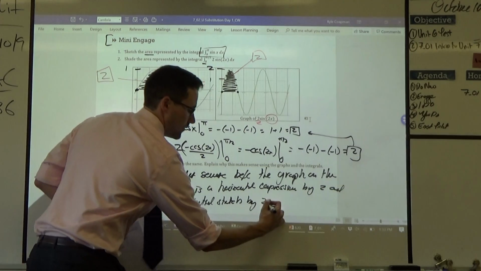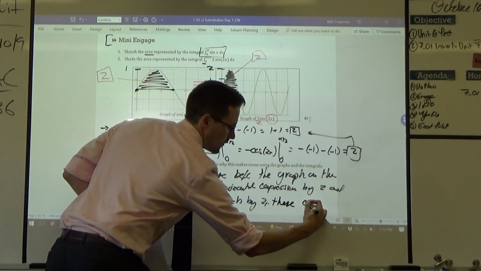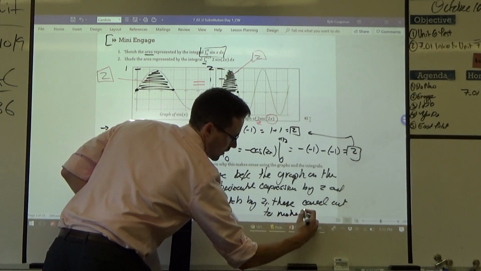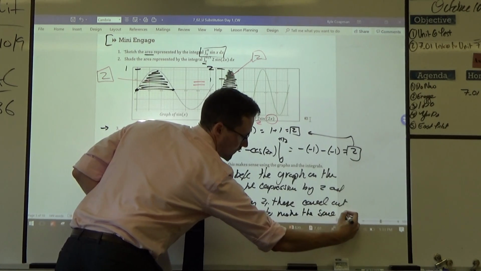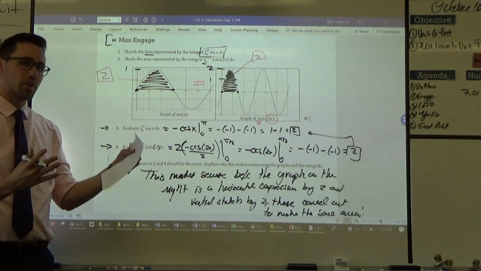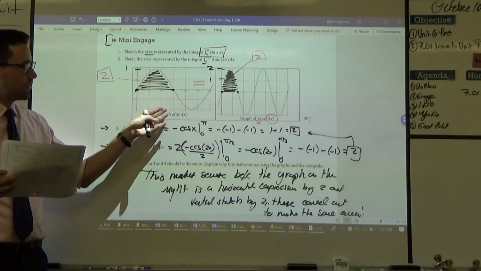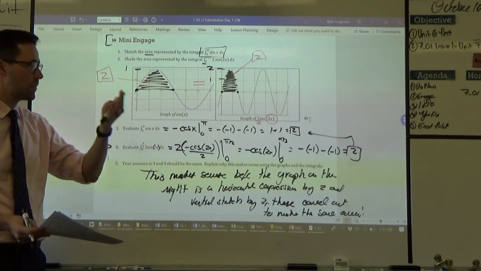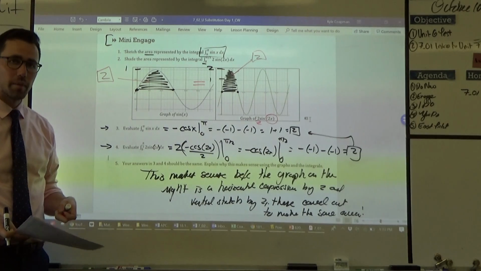These cancel out to make the same area. So if I perform two opposite transformations on a graph, like a compression and a stretch with equal opposite magnitudes, then we see they'll be the same area.